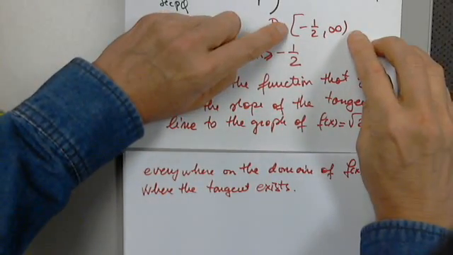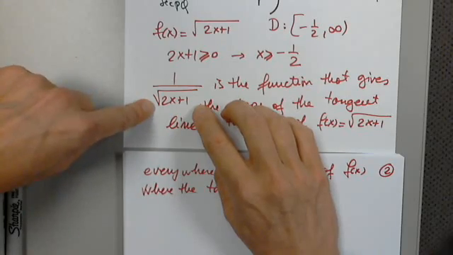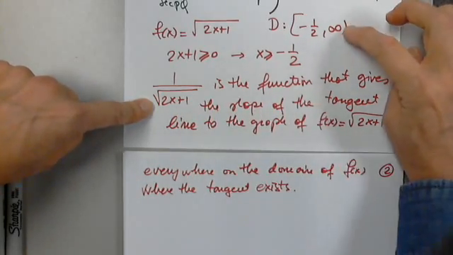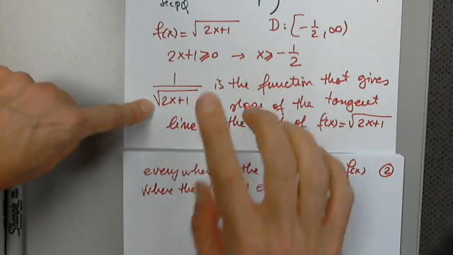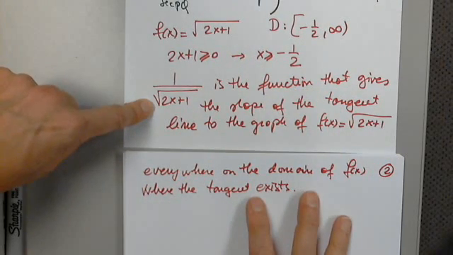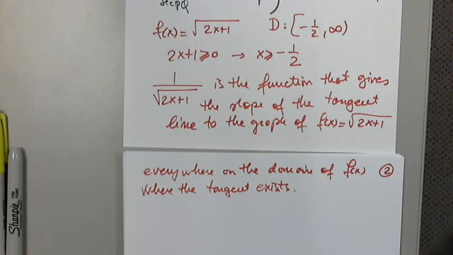Remember, this is the domain of the function. This is a function that we created that gives the slope of the tangent line to the graph at any point where certain conditions are fulfilled. So where will this not exist? Anywhere with a value less than -1/2.